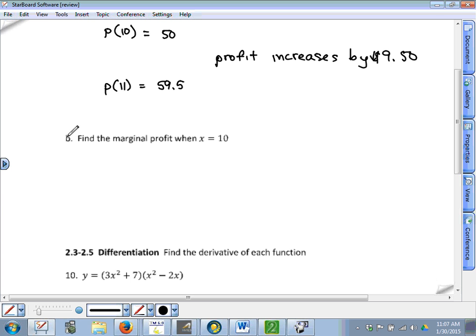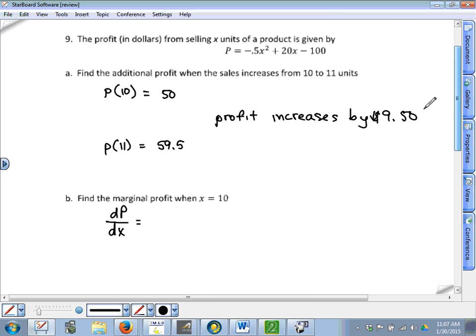So what part B is meant to do is illustrate that using marginals you can estimate the rate of change, and it's going to be pretty close to the actual change. So marginal profit is dP over dx.